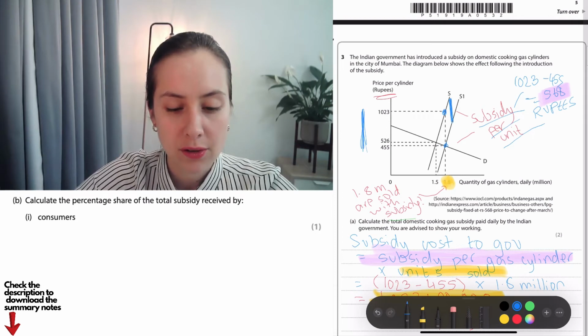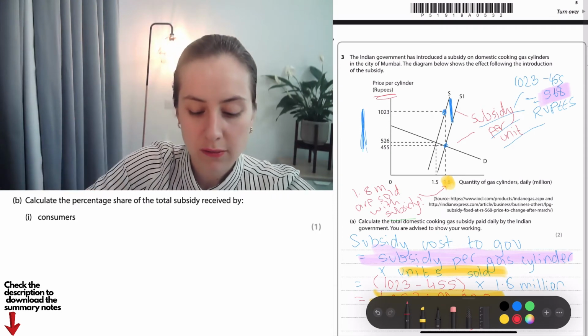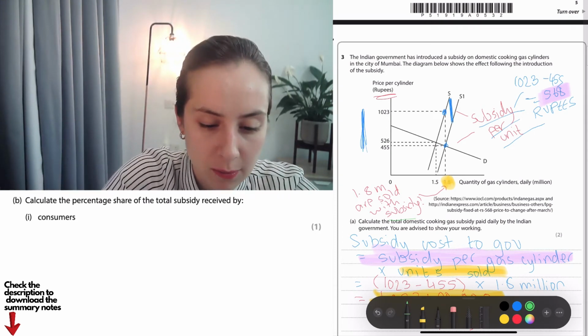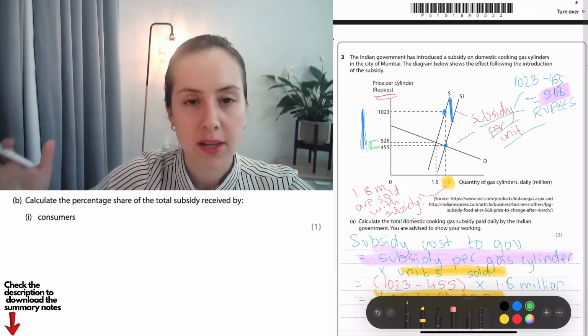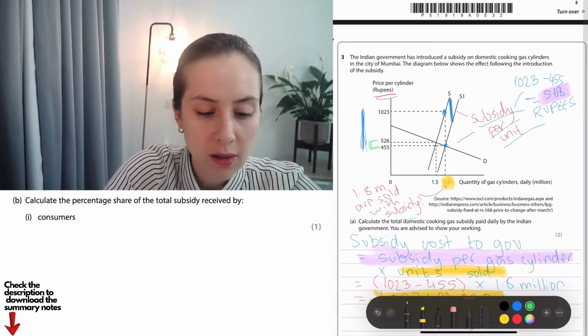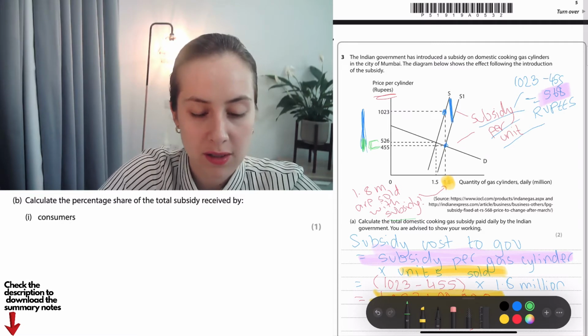And of that subsidy, unfortunately, or fortunately, depending on how you see it, they had to give up that much money, which is then brought to the consumer. So the consumer has been able to keep this amount of the subsidy.